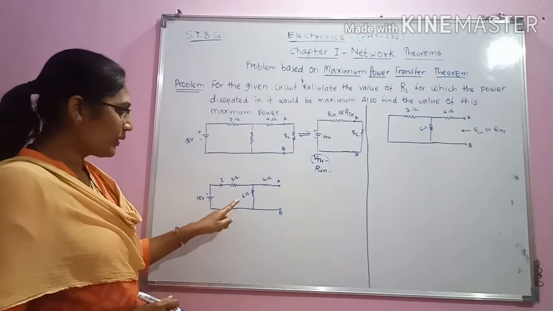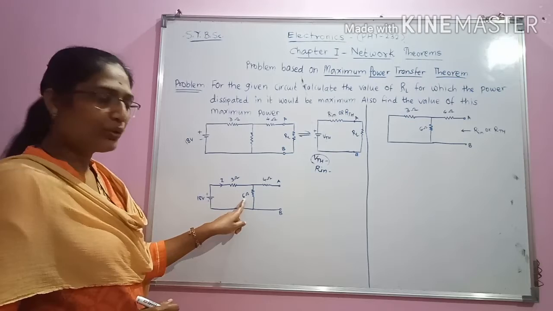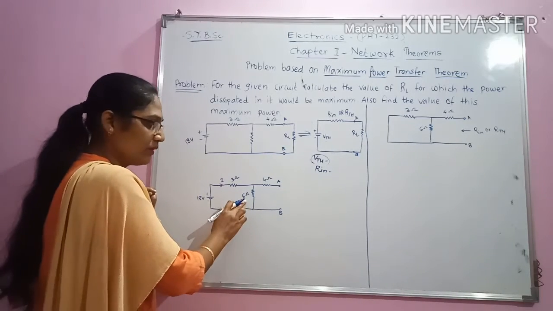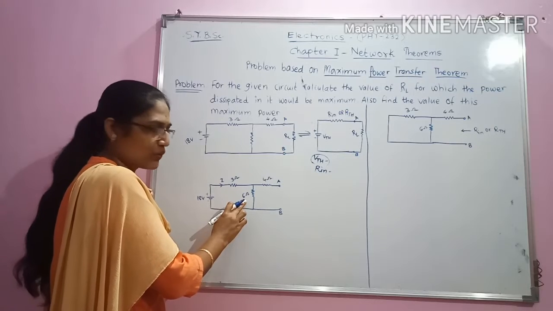Now we have to calculate the current flowing through this resistor, which has a resistance of 6 ohm.